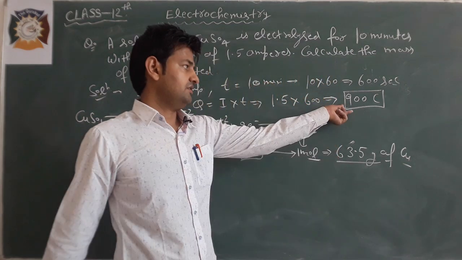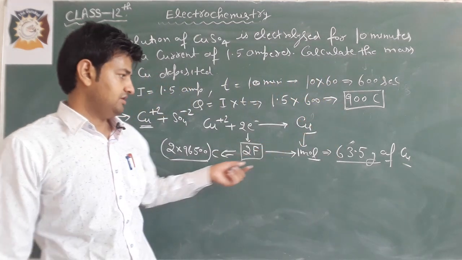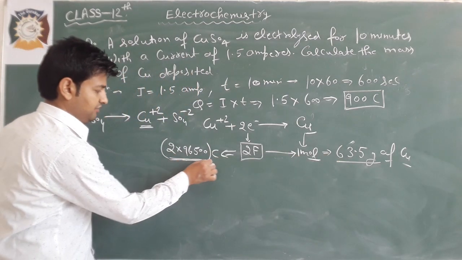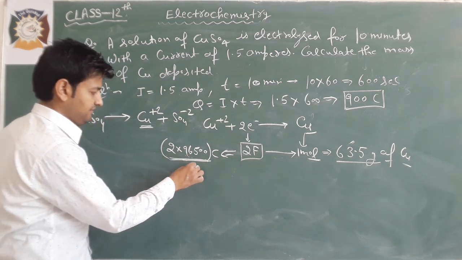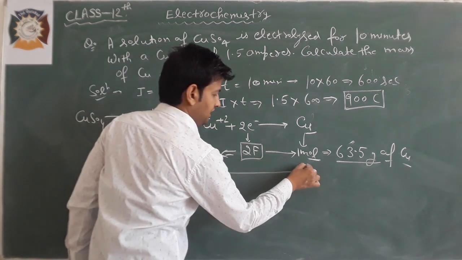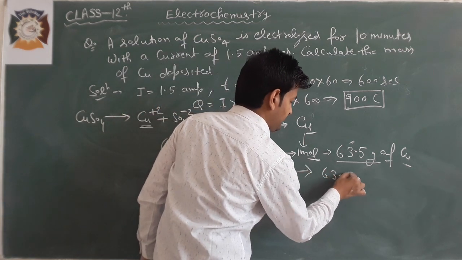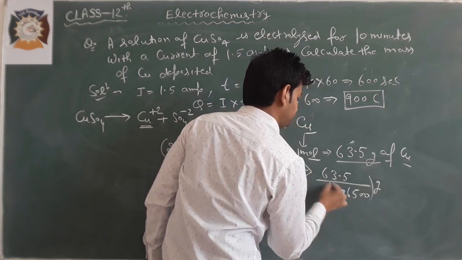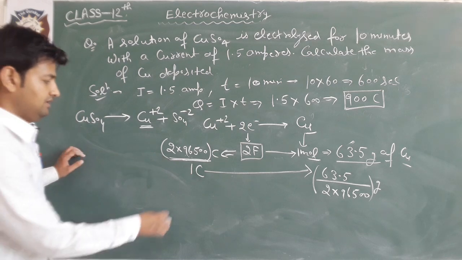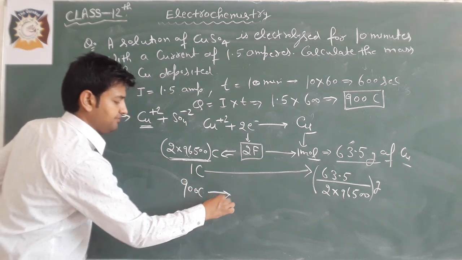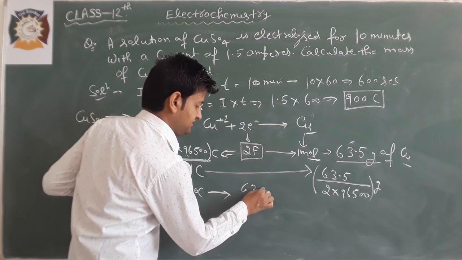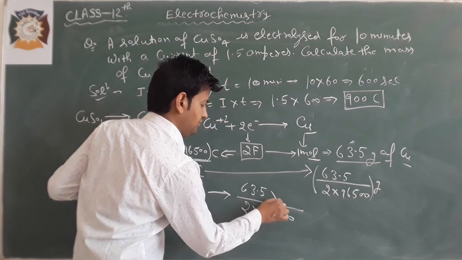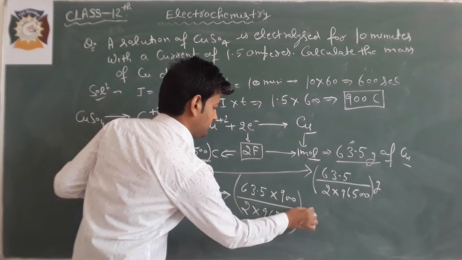Then this charge of 900 coulomb deposits what amount of copper, we can easily calculate. So for the charge 2 into 96500, 1 coulomb of charge will deposit 63.5 over 2 into 96500 gram, and for the deposition by 900 coulomb it comes out to be 63.5 over 2 into 96500 into 900 gram.